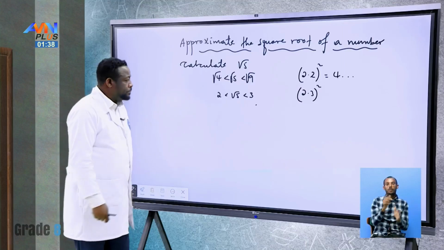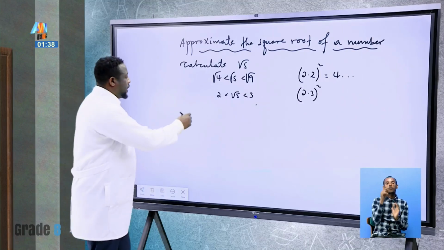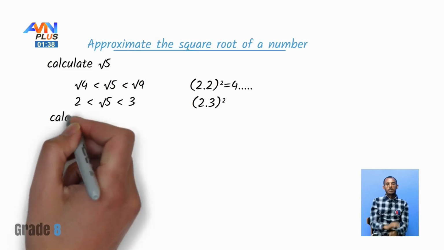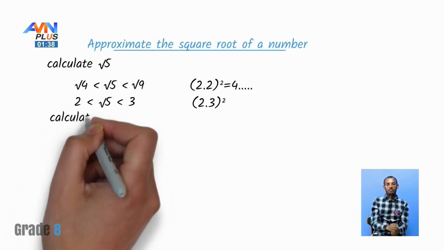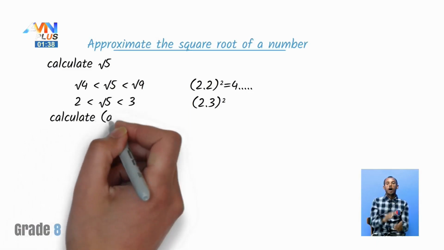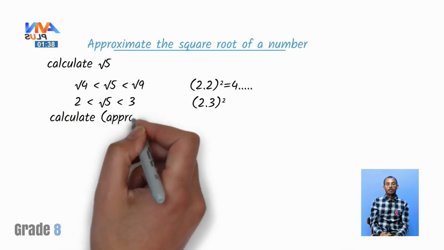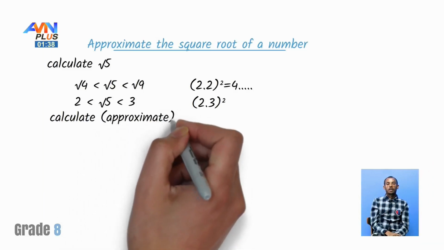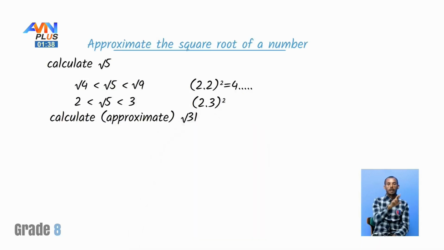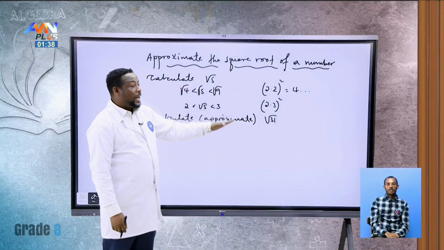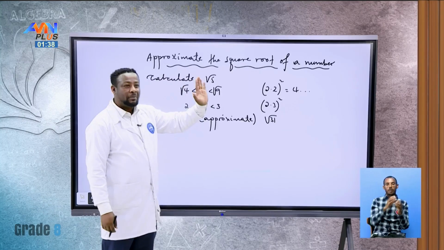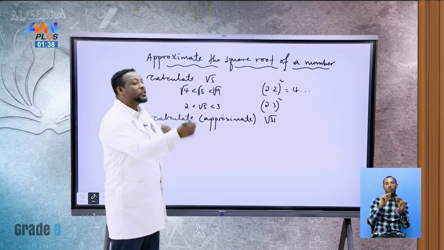For example, if you approximate, not calculate, approximate radical 31. Okay, please take this: we are not calculating, we are approximating.